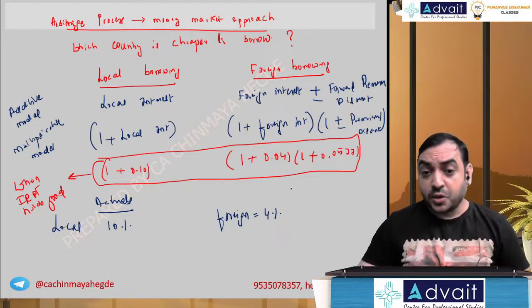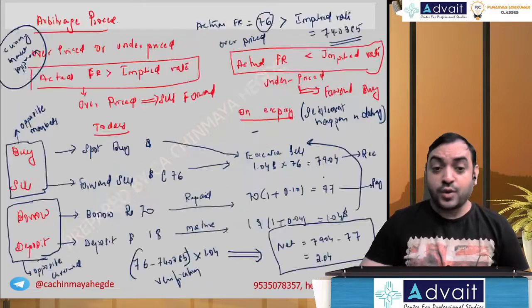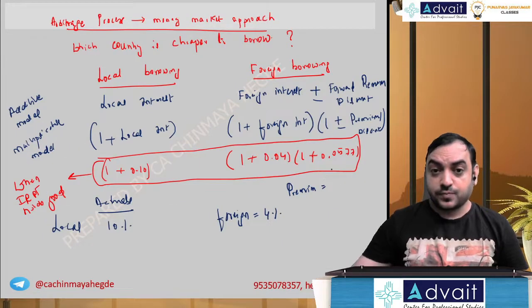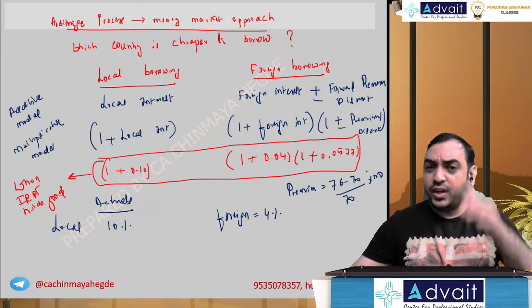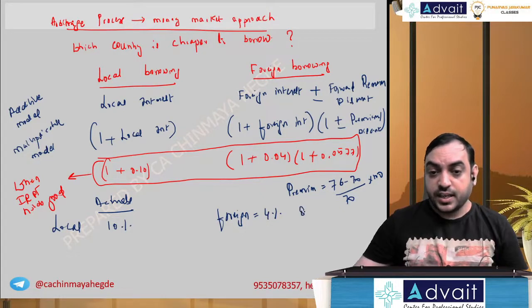And premium, what is premium? We'll calculate it based on the actual rate, 76. 76 minus 70 by 70 into 100. One year only, so into 12 by m is not required. 76 minus 70 by 70 into 100, 8.57%. This is the premium.